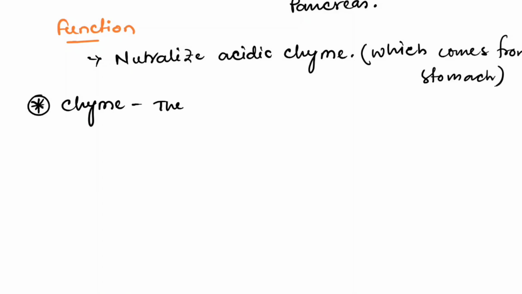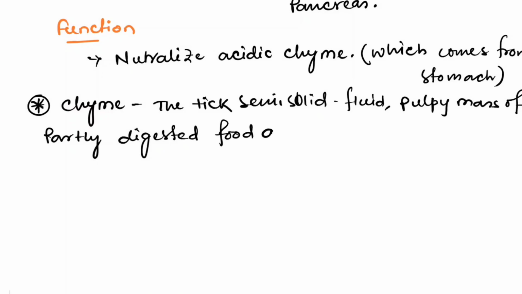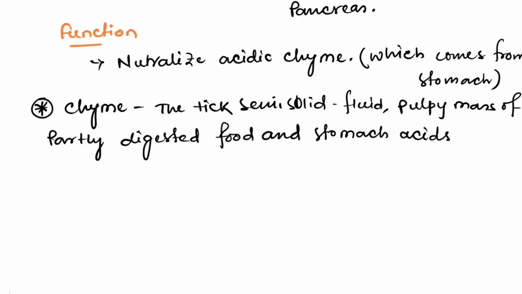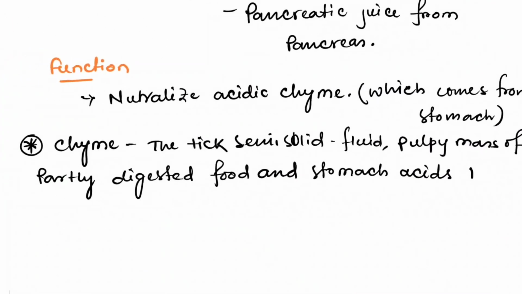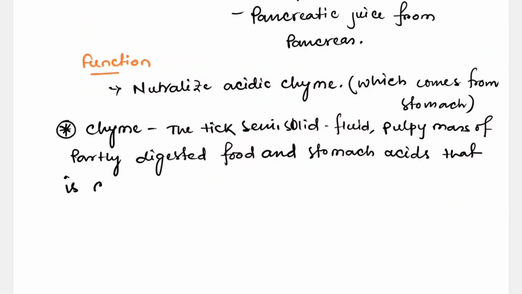Chyme is the thick, semi-solid fluid, pulpy mass of partly digested food and stomach acid that is created in the stomach.